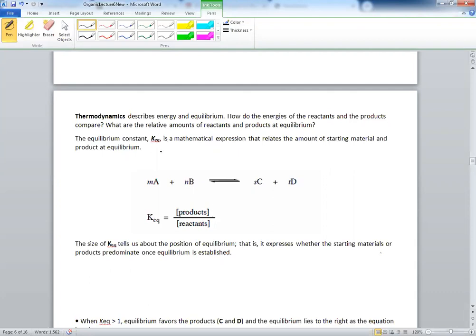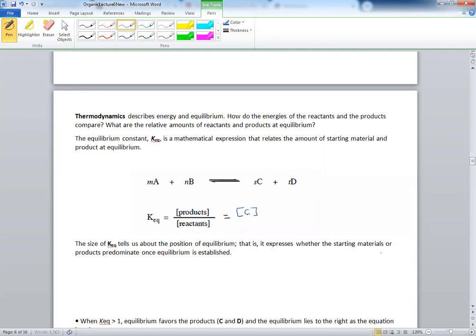So the equilibrium constants, if you remember from General Chemistry 2, we did talk about it briefly in acids and bases. KEQ is a mathematical expression that relates the amount of starting material and products at equilibrium. So here's equilibrium. You have A and B as your reagents, starting material and reagent, and then these are your products. If you recall the KEQ expression, you took the concentrations of the products.